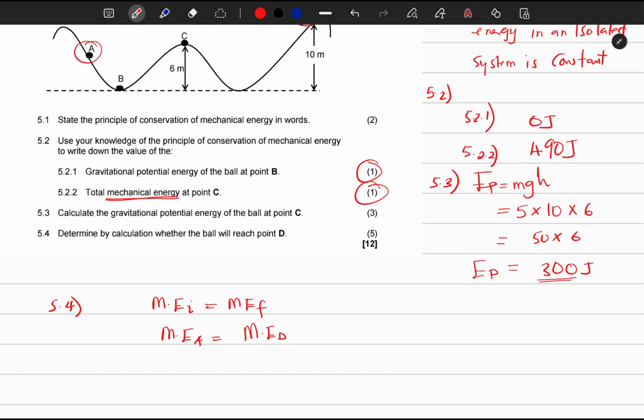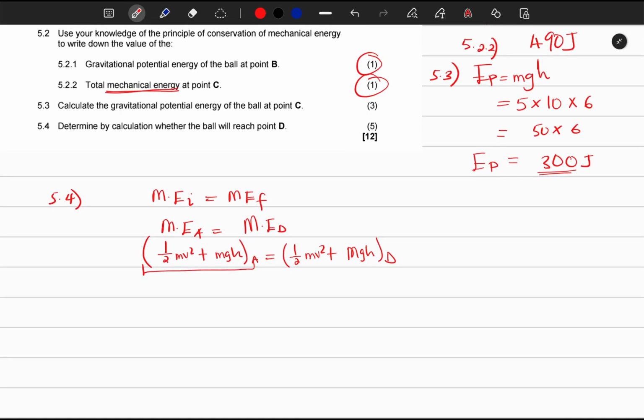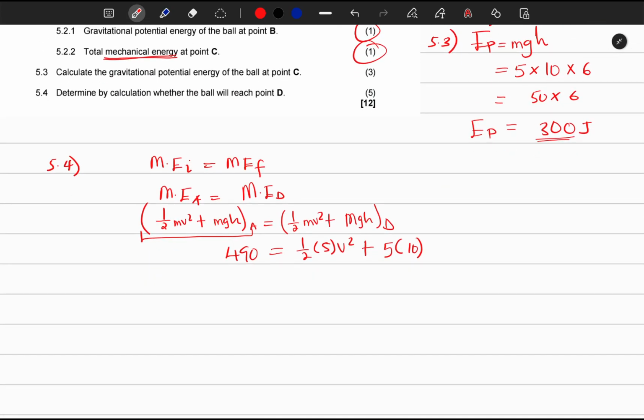So mechanical energy at A is a combination of kinetic energy plus potential energy, which is equal to kinetic energy plus potential energy at D. Now, this part is given as 490 joules. Here we have half, the mass is 5, we are looking for velocity, plus the mass is still 5, the gravity is 10, the height is 10 as well. We have 490 equals 2.5 v squared plus 500.